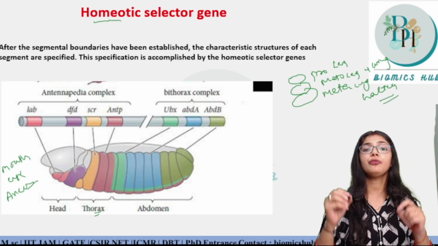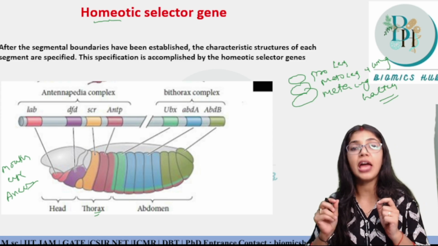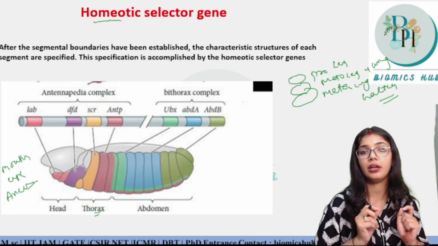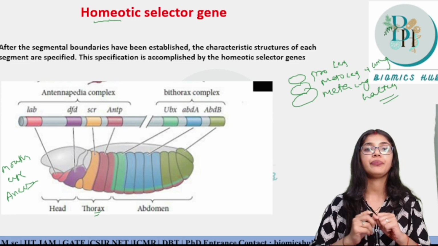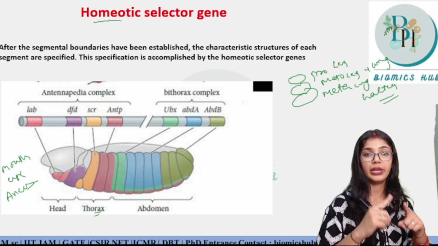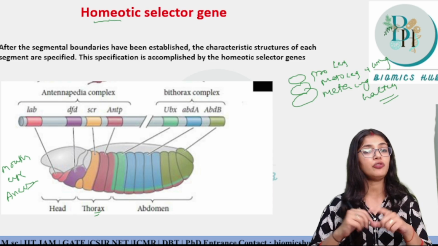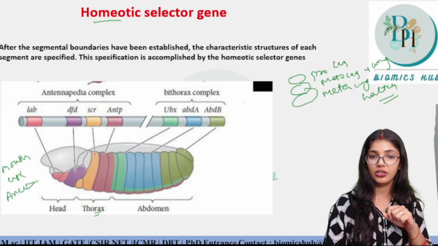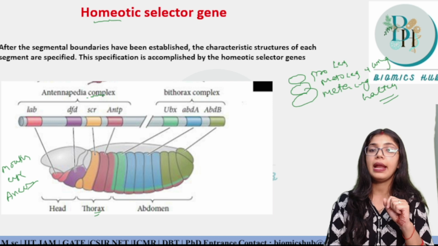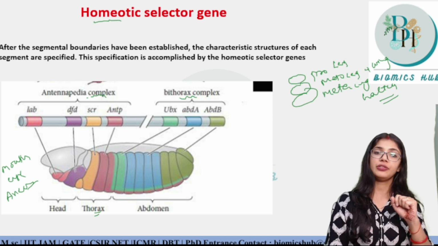If some of the homeotic genes are mutated, then there will be no proper formation of the structures in Drosophila. Loss of function or gain of function of these genes will create problems in the proper development of Drosophila. The homeotic selector genes are divided into two parts: the antennapedia complex and the bithorax complex.